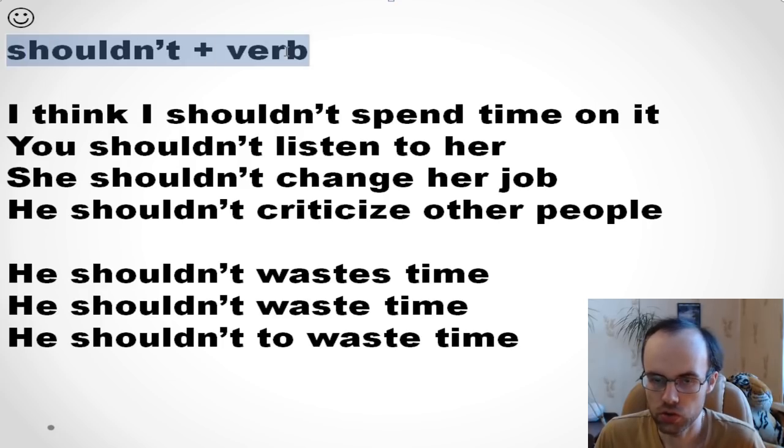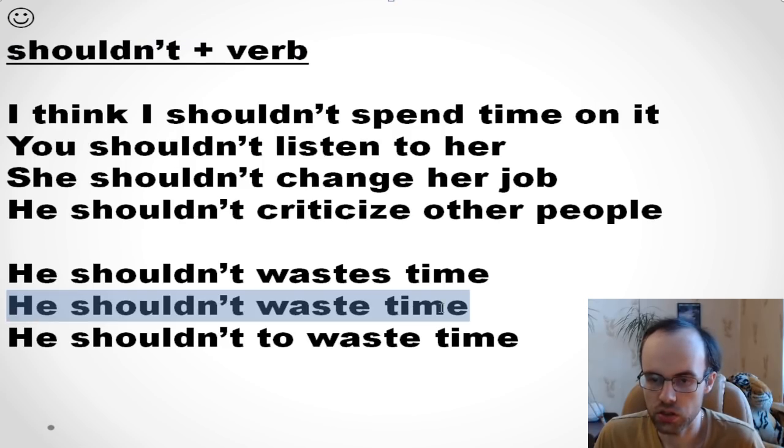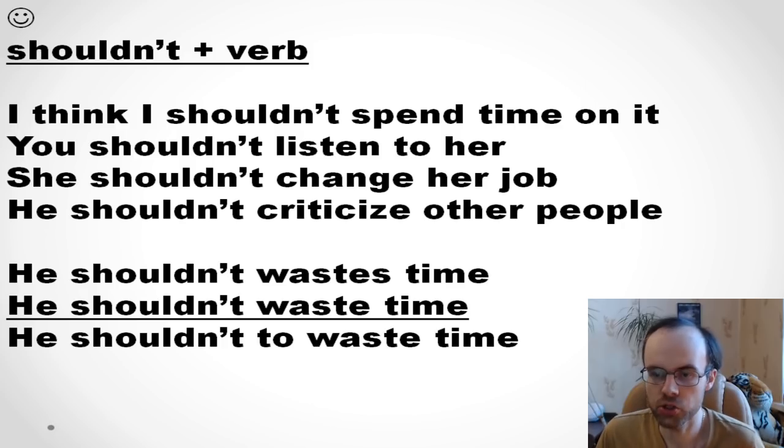So you know, shouldn't plus verb without s, without to. So we say shouldn't waste. He shouldn't waste time. Good. So shouldn't plus verb. I think I shouldn't spend time on it. You shouldn't listen to her. She shouldn't change her job. He shouldn't criticize other people. He shouldn't waste time.